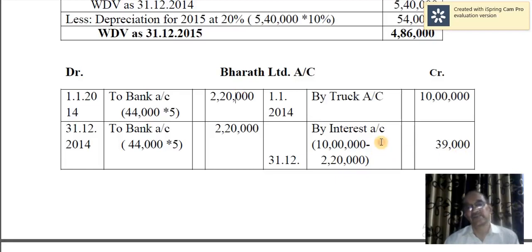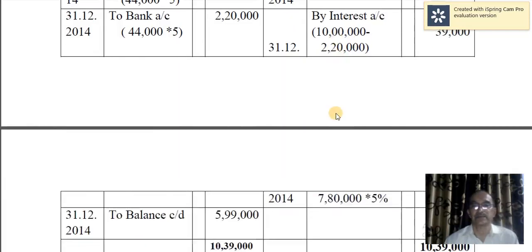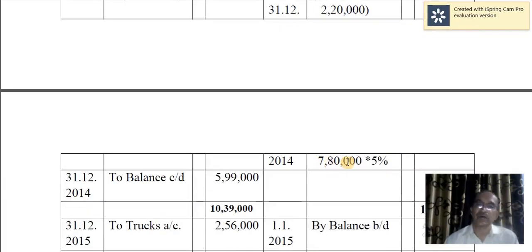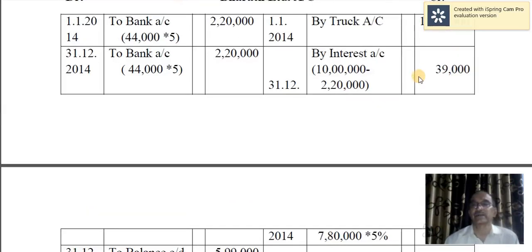Then interest for first year, see 10 lakh is the cash price. Out of that, down payment is 2,20,000. Therefore, outstanding cash price is the remaining amount, that is 7,80,000. On that, you are calculating 5% interest. So 39,000 rupees are interest for the first year.